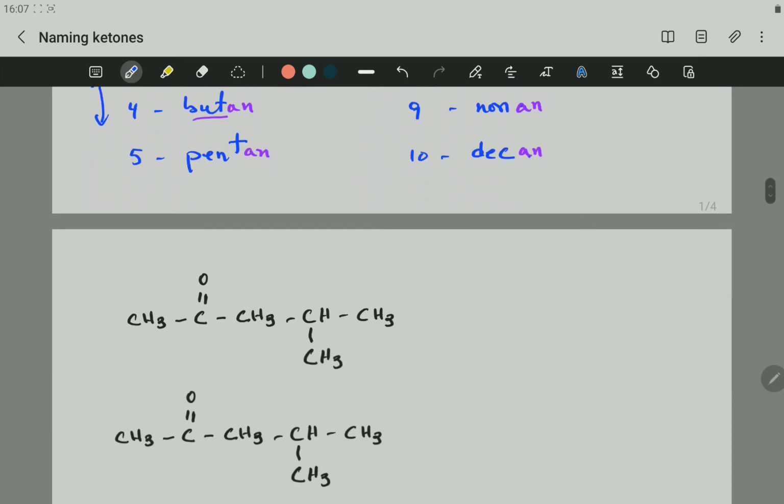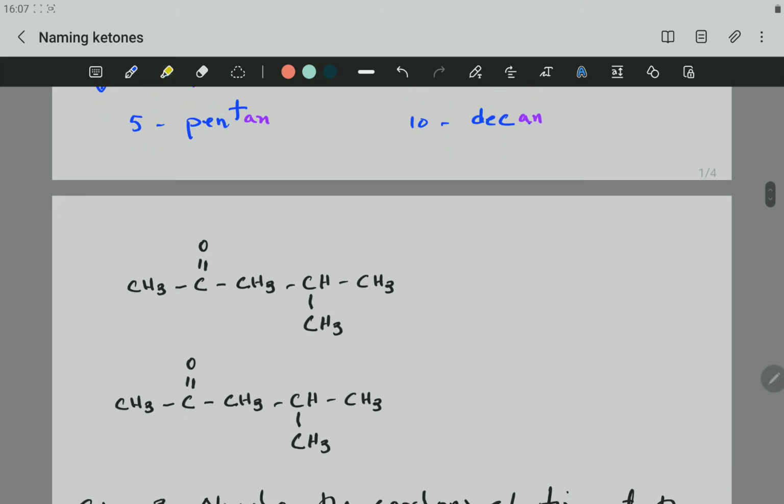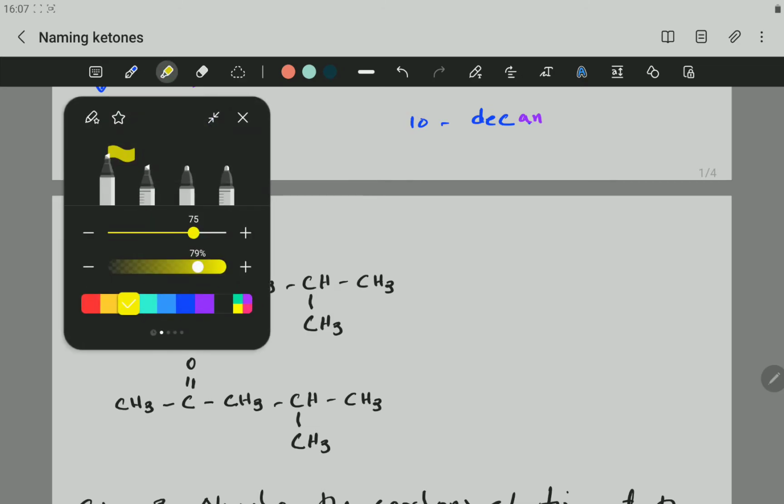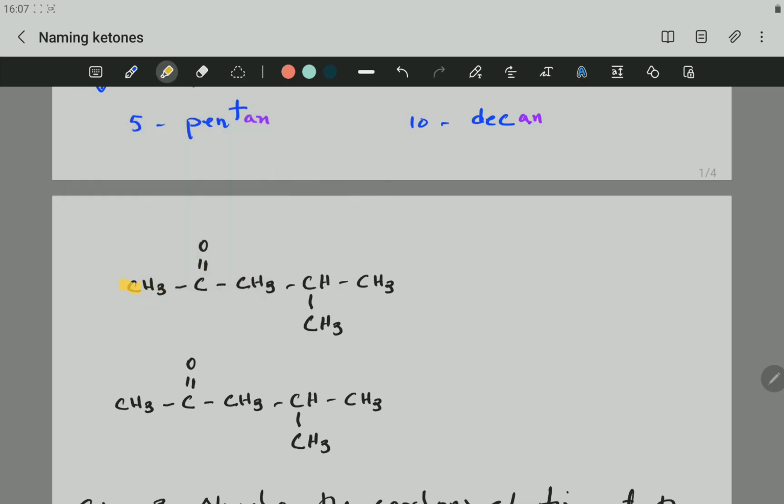Here we have 2 options. We make sure that the functional group is part of the chain we are selecting. The first option is straightforward, and in that one we will have 1, 2, 3, 4, 5 carbons. 5 carbons will be pent. Remember, it's pentane.